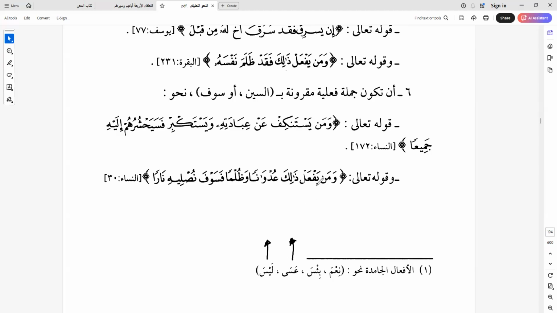One belongs to akhwat kana and the other one belongs to another. Because when you use laysa, we use it for mubtada and khabar. This is one of the akhwat kana, right?